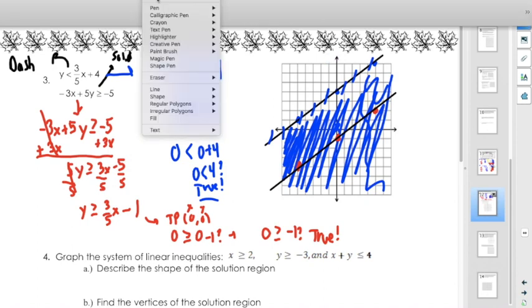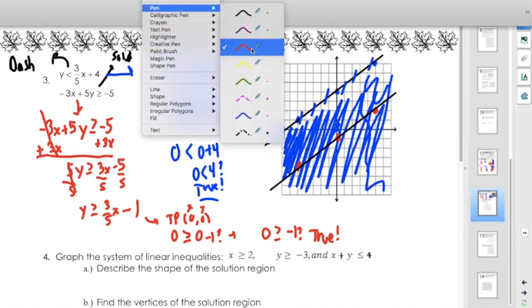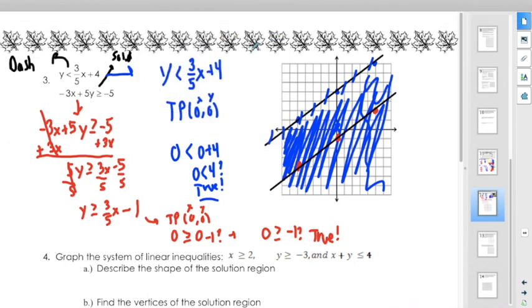Okay. Now I have to shade this line, which again, it's true. So that means I'm going to shade towards my test point of 0, 0, which is everything going this way. Right? Everything in here. Oops. That's okay. Get rid of that.